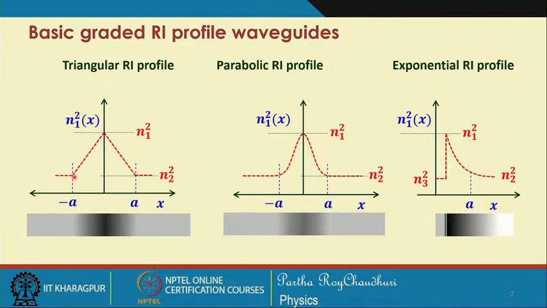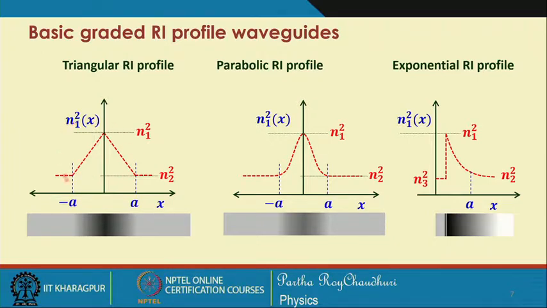For example, a triangular profile is basically a symmetric linear profile, that is, the refractive index falls linearly and has a maximum value at the center. So, between minus a to plus a, which we will treat as the core region, you have a falling refractive index starting from the maximum at the center, which is n 1 square, and it assumes a constant value at the edges, that is at the point x equal to a or minus a.